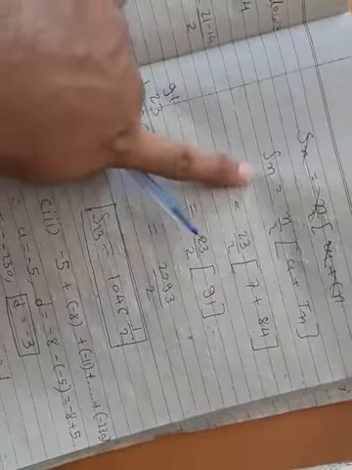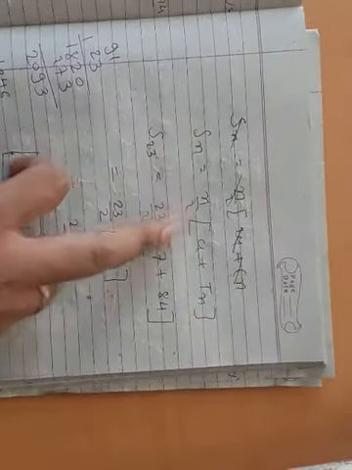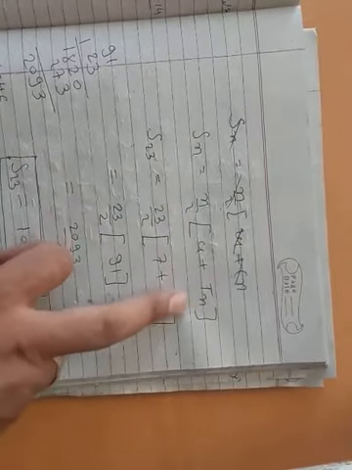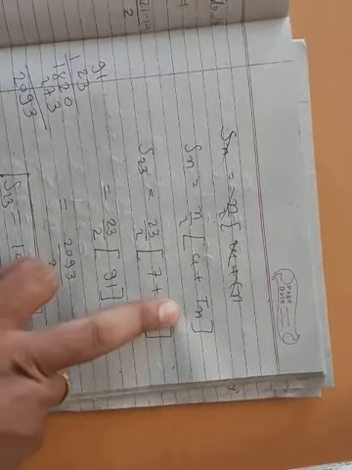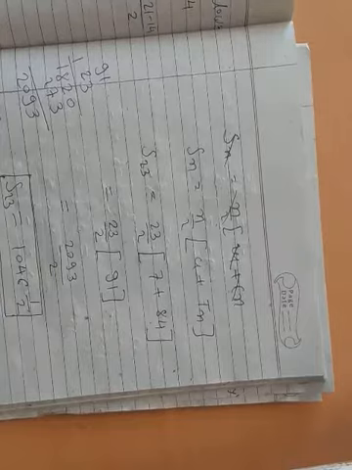Now to find the sum, we know the formula. We already have Tn, so we will use the formula Sn equal to n by 2 into a plus Tn. Instead of Tn you can write an, or you can also write L because it is the last term. All are valid.